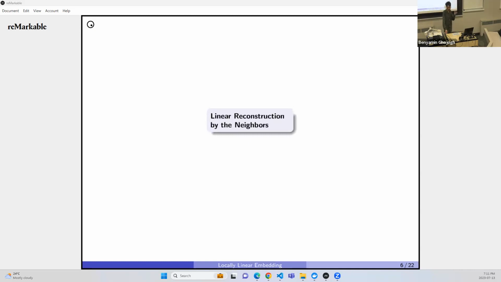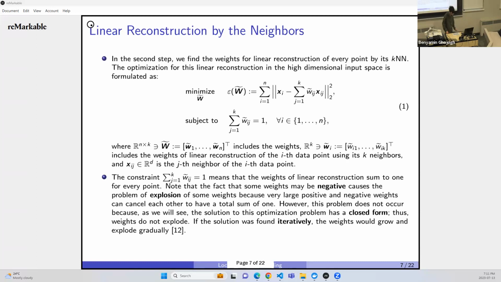Now we go to the second step of local linear embedding, and that's linear reconstruction by the neighbors. Do you remember, in this step, we want to find the weights for reconstructing every point as a linear combination of its neighbors in the input space.